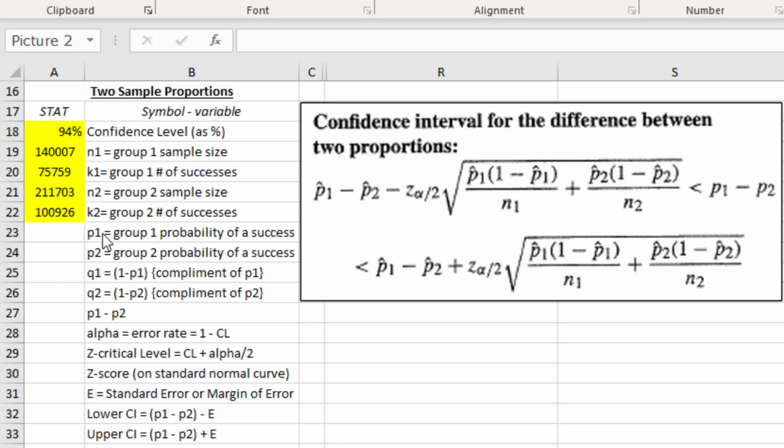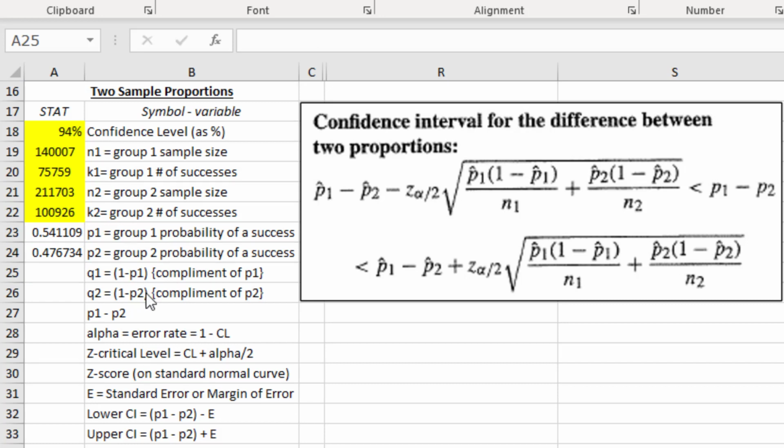Okay, first thing, right? Group 1 probability of a success, and we know probability of a success is very simply just going to equal the number of successes divided by the sample size. Same thing for the proportion of group 2. It's going to equal the number of successes from group 2 divided by the sample size for group 2.